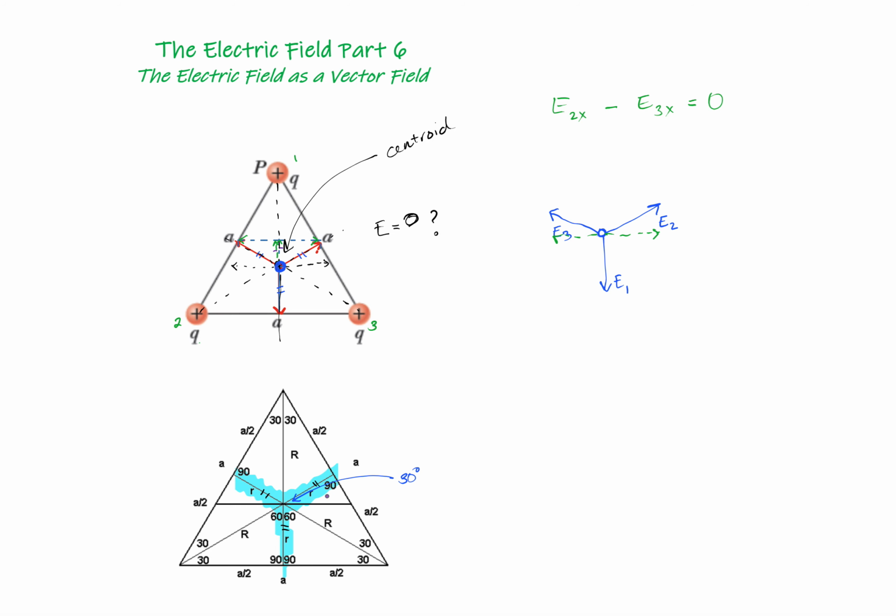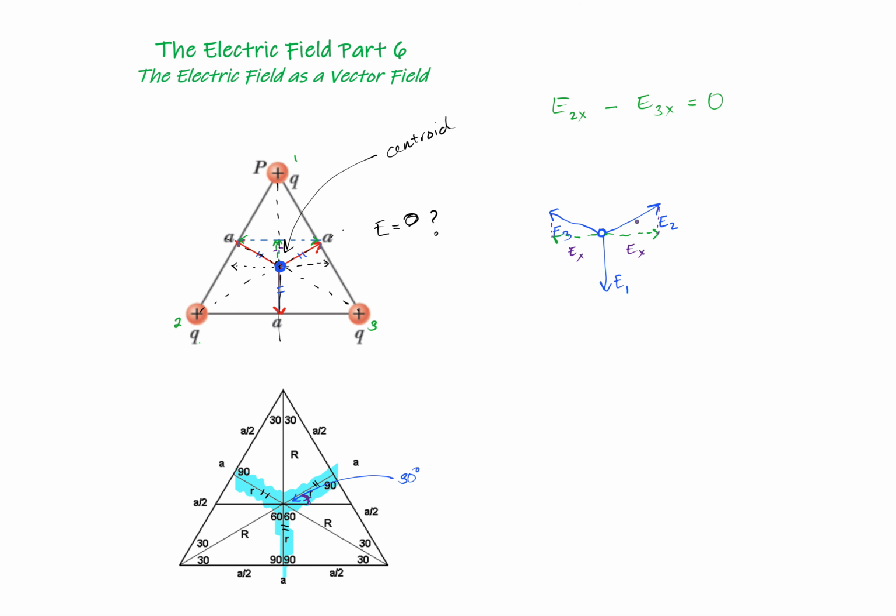The most important thing to think of here is this just as vector analysis. We already looked at E2 in the x and E3 in the x, and now we're going to focus on the y. Based on some fairly straightforward geometry, we have a 30-degree angle with the horizontal.